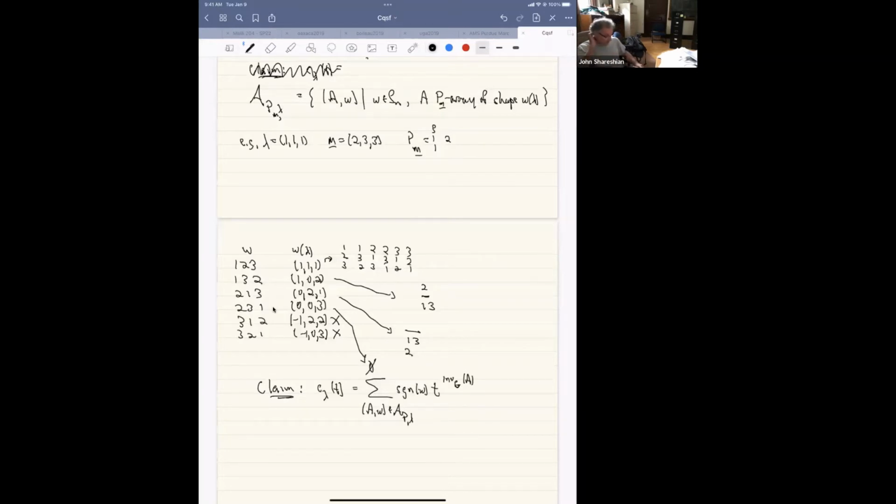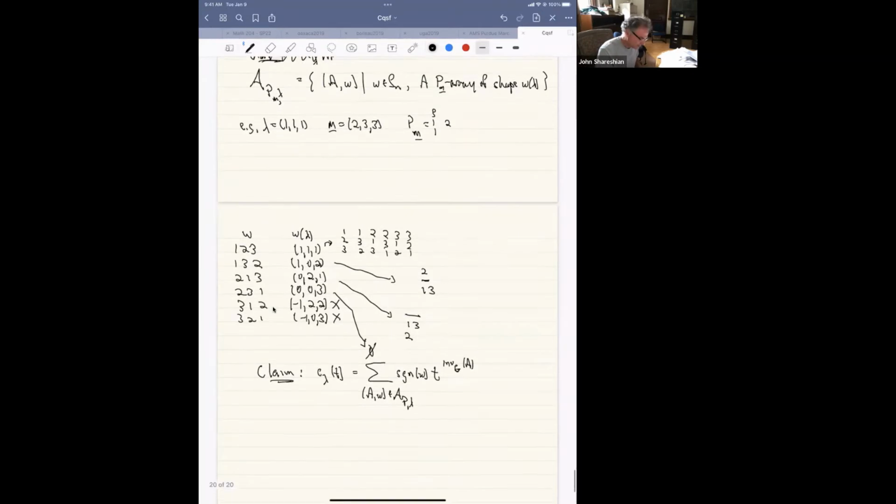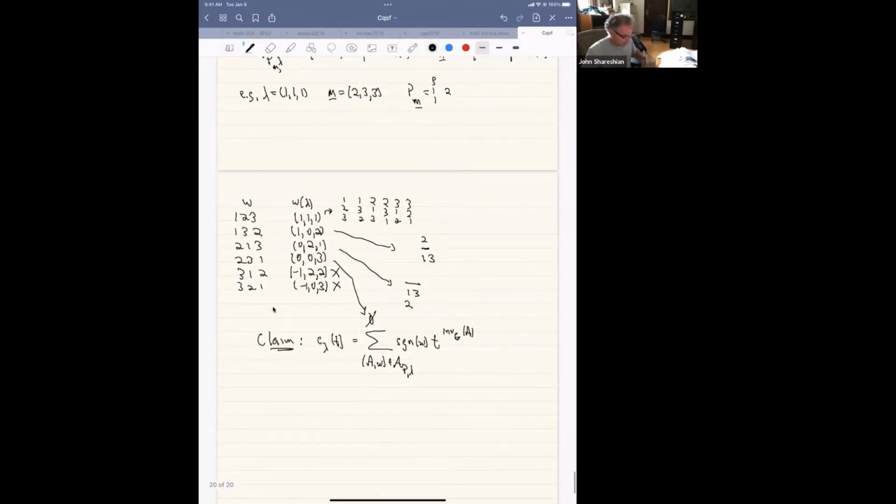Let's take a look at this example. All right. So let me write the number of inversions here: 0, 1, 1, 1, 1, 2. So Eulerian statistic. The number of inversions here is 1. The number of inversions here is 1, right? So 2, 1 is an inversion here. 3, 2 is an inversion here.